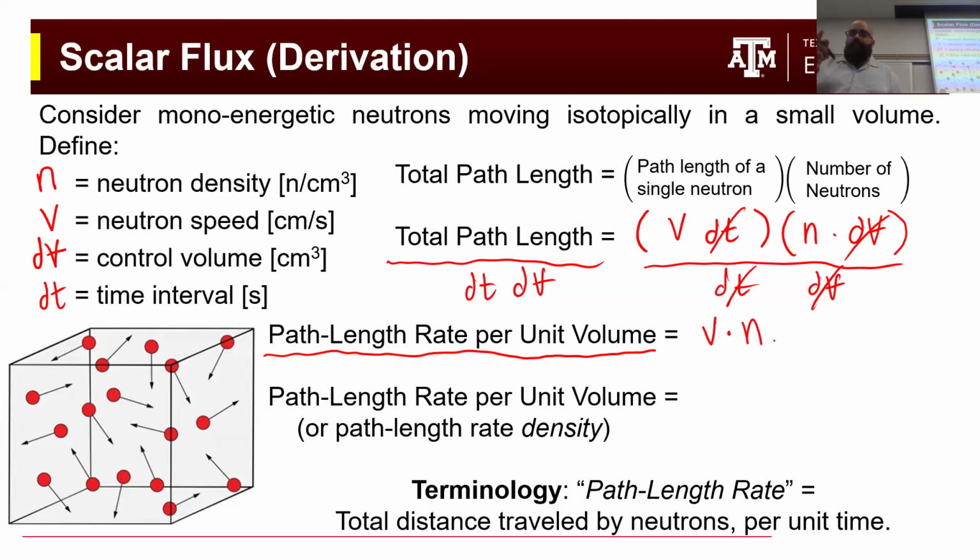And so this right here, the speed of those neutrons times the density of those neutrons, is what gives us this path length rate per unit volume. And in nuclear engineering, this is a very special quantity called the scalar flux. So n times v is the fundamental definition for the scalar flux.